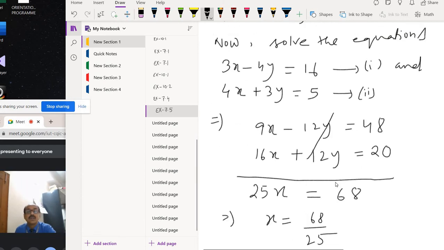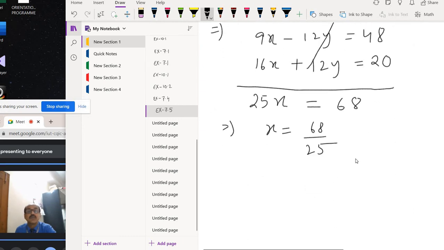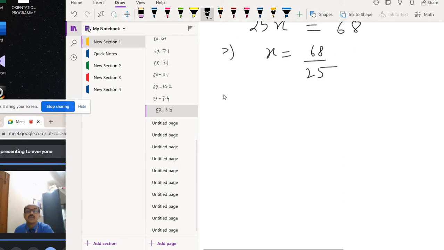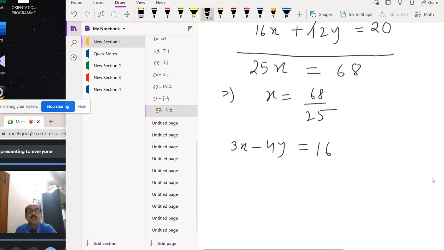Now we can substitute the value of x. Write 3x minus 4y equal to 16, and x is 68 by 25.